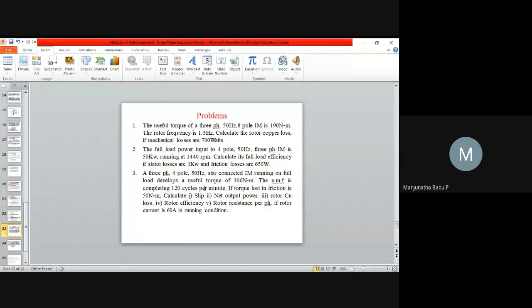So 120 F by P, which gives 1500. So 1500 RPM is NS. What is the value of N? It is 1440 RPM, because we already solved the previous case.